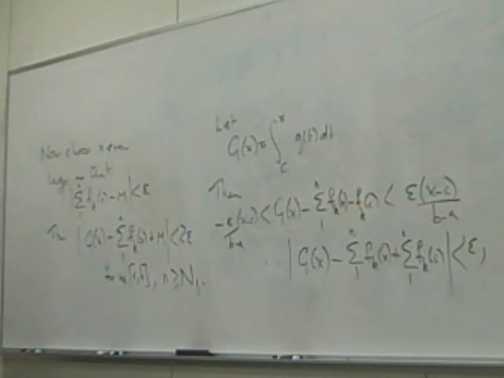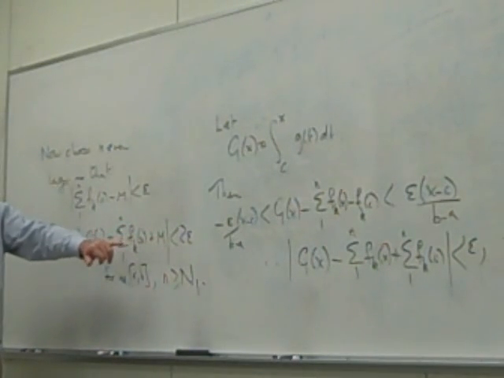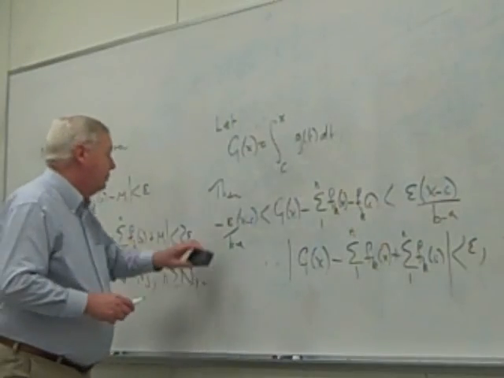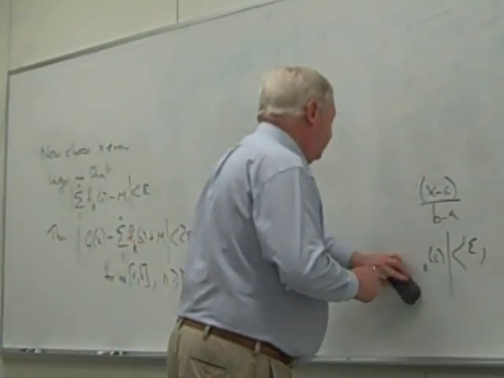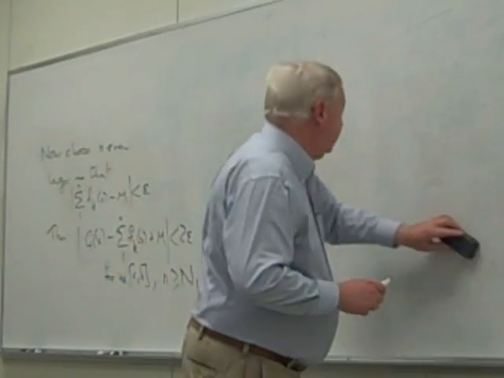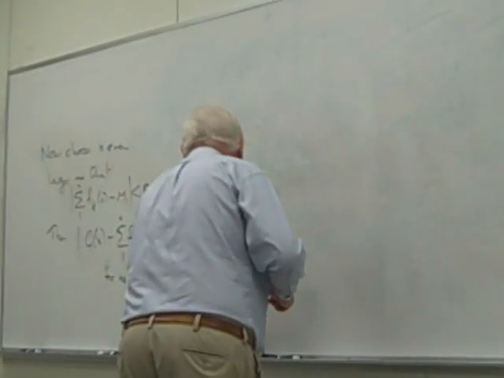But then this inequality says that these partial sums are converging uniformly to g of x plus m. Whether it's epsilon or 2 epsilon makes no difference.